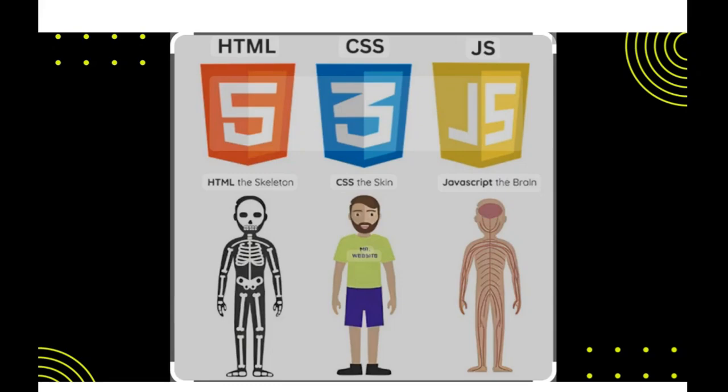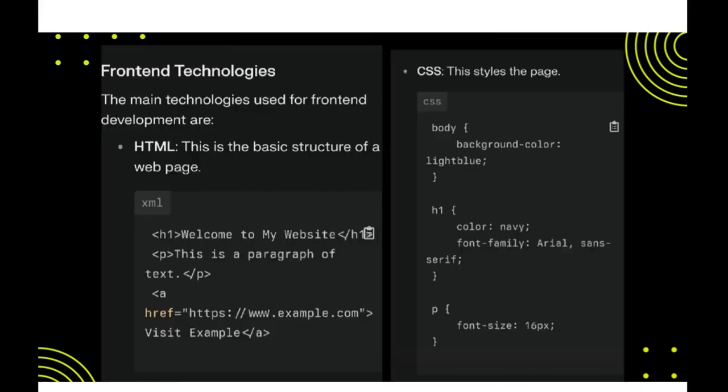But when the person has skin and is putting on clothes, it looks more appealing. So that is what CSS is to our website. It is what makes our website beautiful. It is what makes our website come alive. It is the skin that makes our website look pretty.